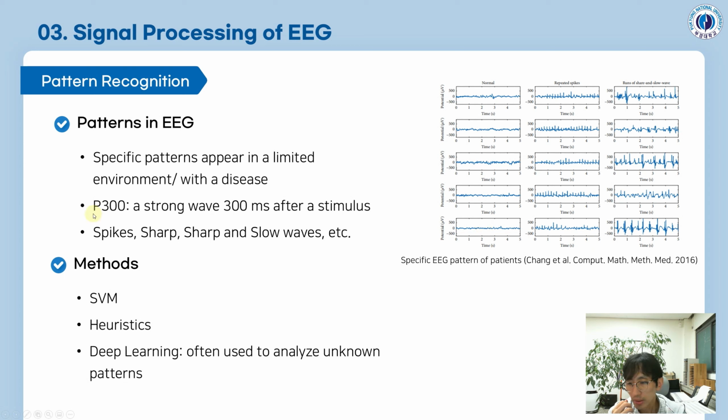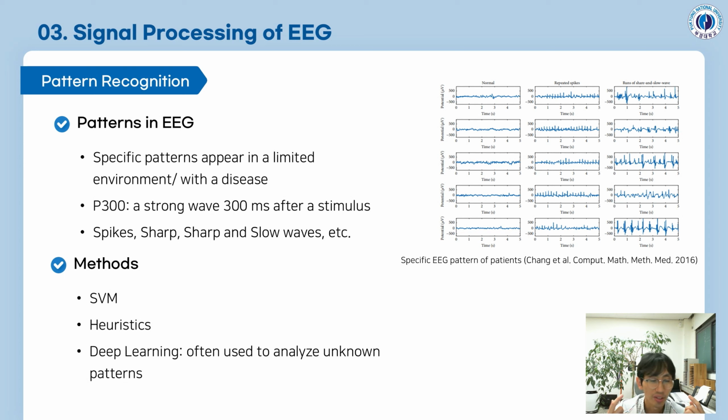And also there is a specific signal called P300, which is a strong wave 300 milliseconds after a stimulus. If something happens, like a ball is moving in front of you, and you didn't recognize it before, and suddenly you found that it is just in front of you, then you are going to be surprised, right?